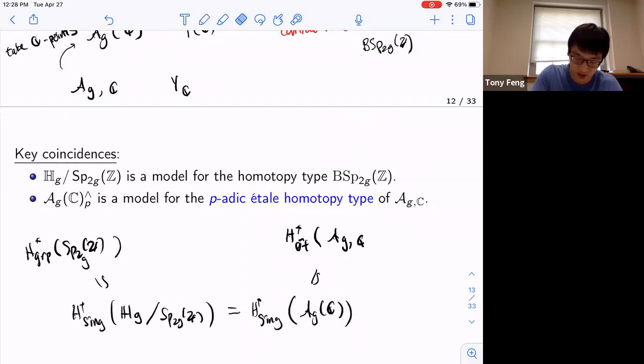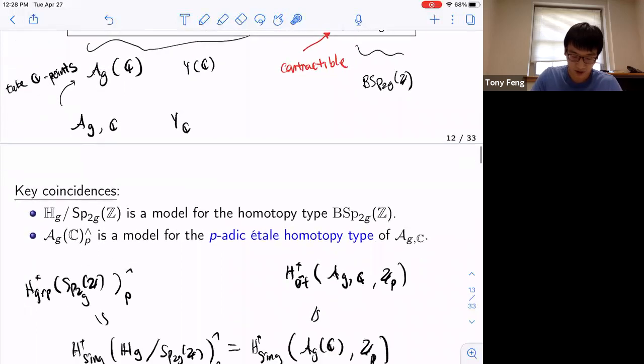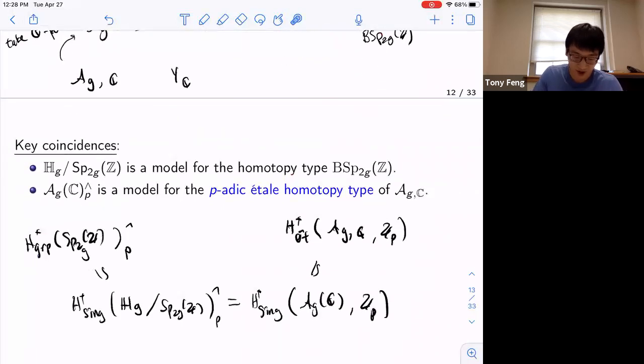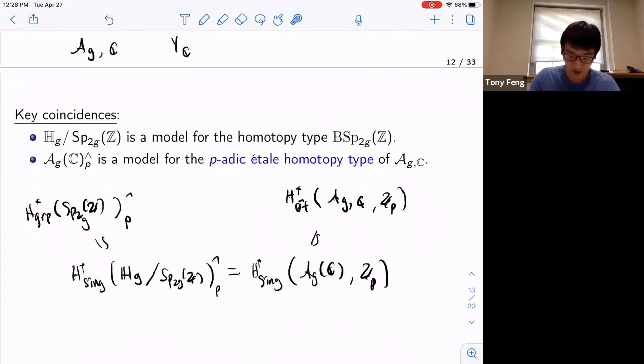Maybe to emphasize this, I'll put Z_p here. So we have a fortunate coincidence that the group cohomology of the symplectic group actually has this interpretation as an étale cohomology group of an algebraic stack. And this coincidence reveals some extra structure on this thing.